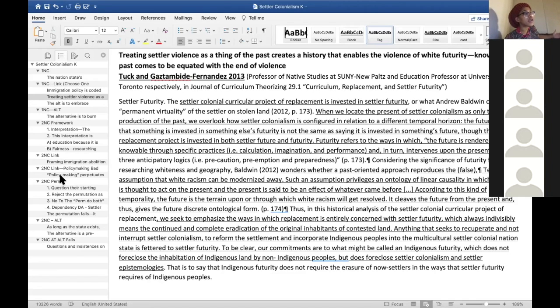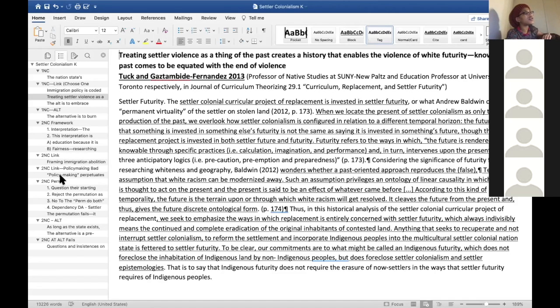So what I want you to work on doing, and not in this right now moment, but if you're planning to run this critique, I would strongly encourage you to create a link explanation for the 2NC or the 1NR, whatever position you're in, that talks in depth about how the abolish ICE affirmative links to the settler colonialism critique.